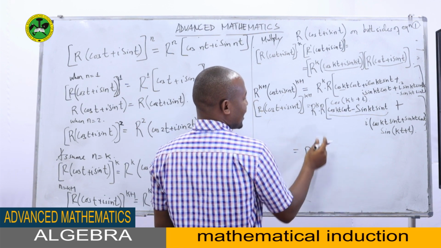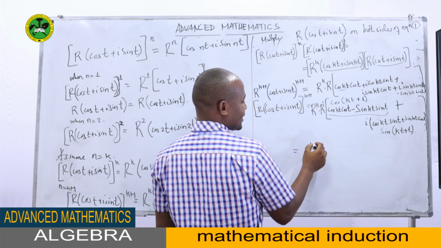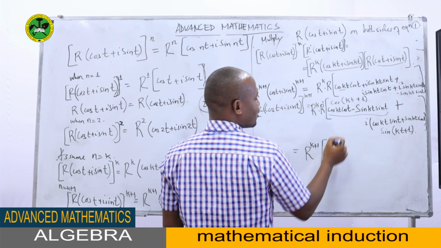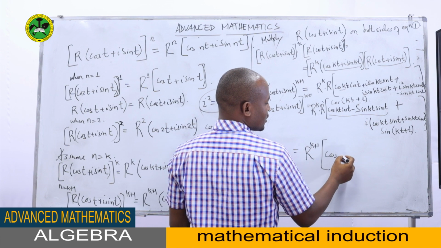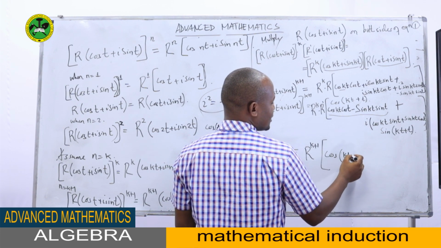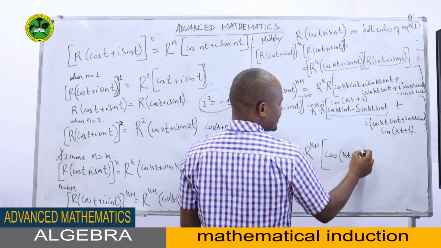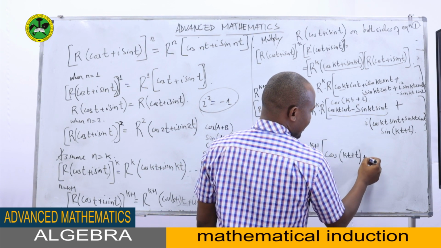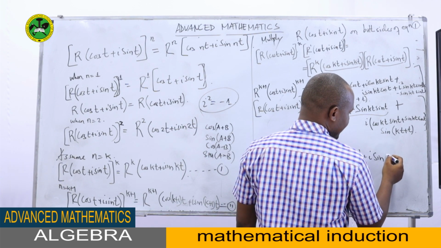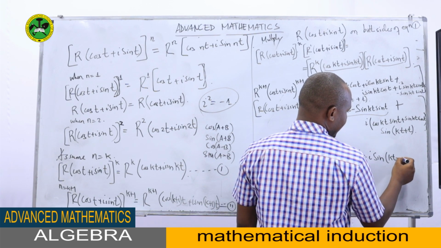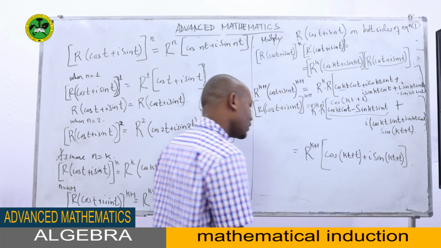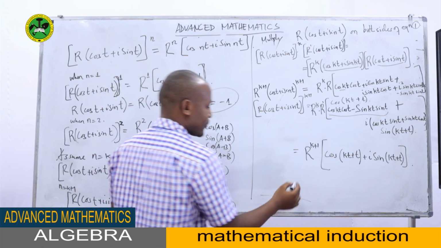That is r, and remember there we have 1, that is k plus 1. And in brackets we have now cos(kt + t) plus i sine(kt + t).